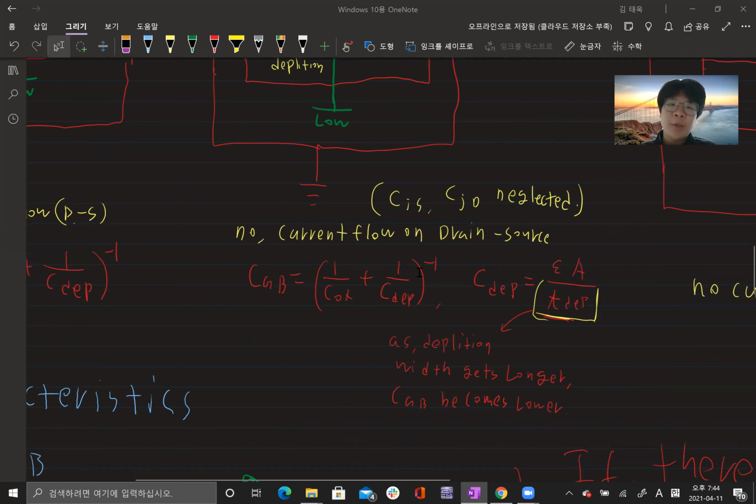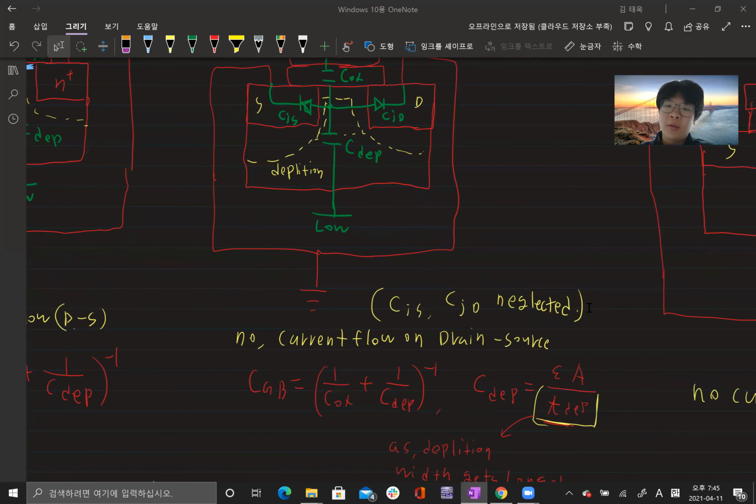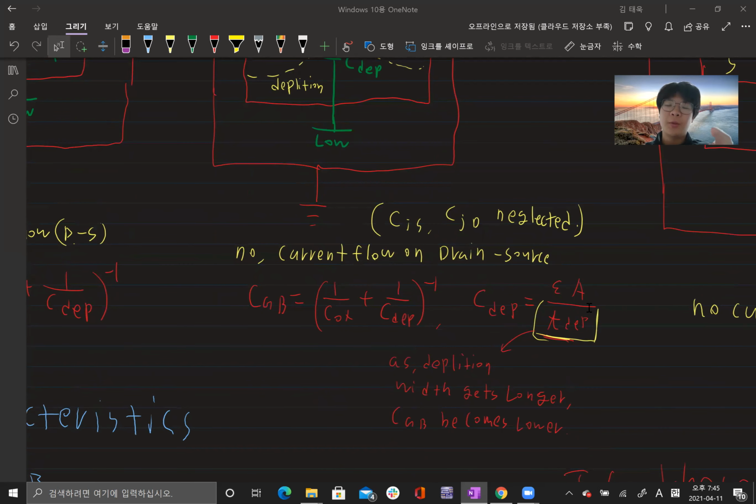But the depletion capacitance is dominant because capacitance is defined by the capacitor's length between the electrodes. So as depletion width gets shortened, the capacitance will be larger. However, in depletion stage, the depletion width will be longer.